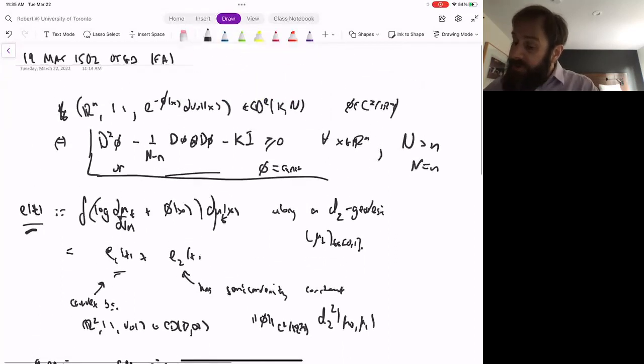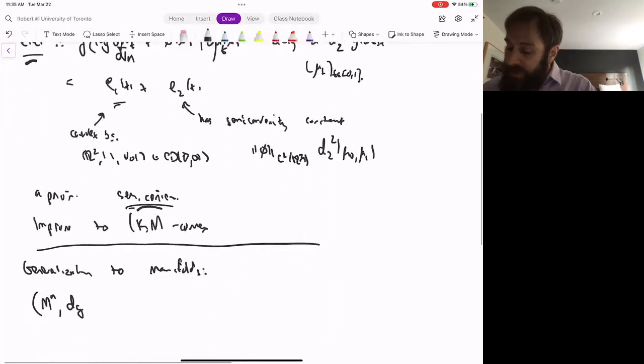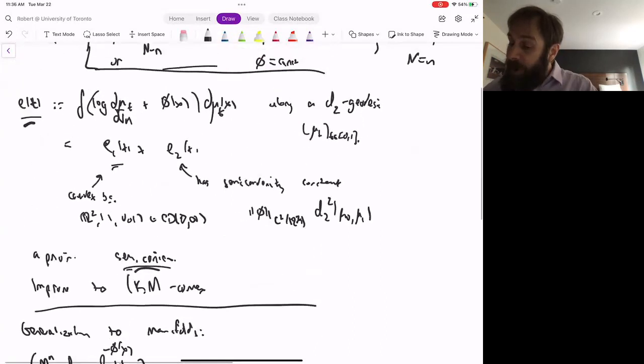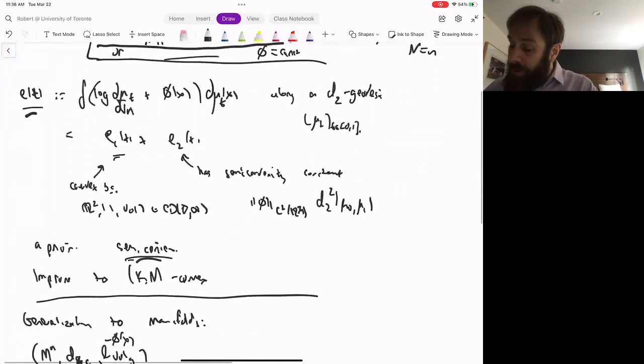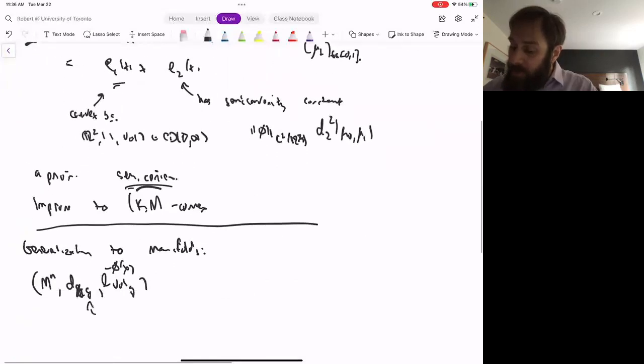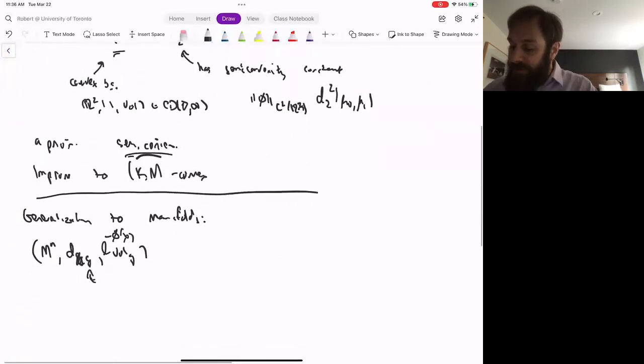In the Riemannian case, this expression gets modified slightly. So you still have this expression, but you have one more term that comes from the ordinary Riemannian Ricci curvature.